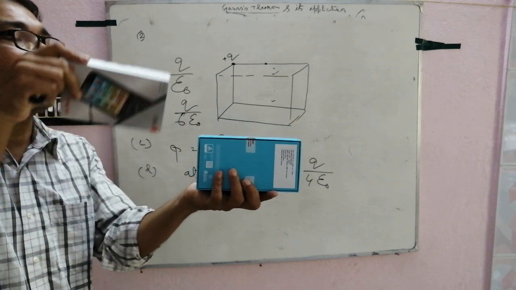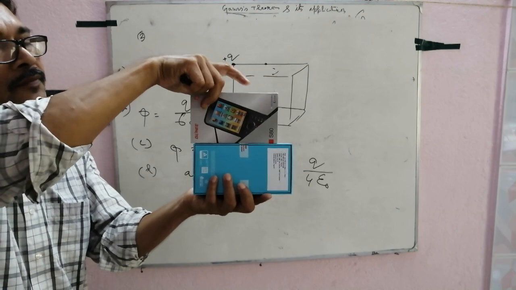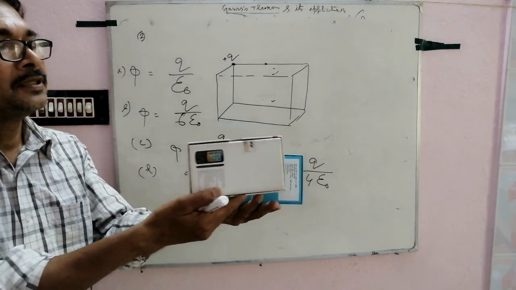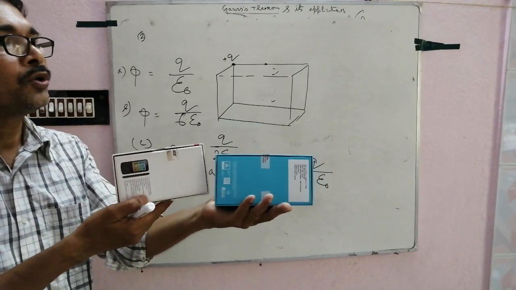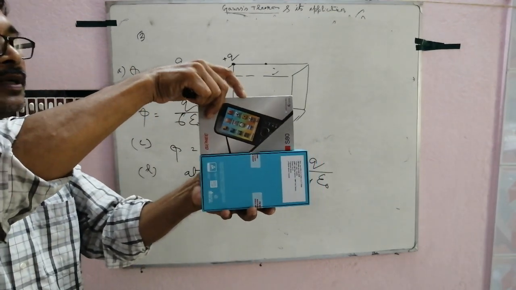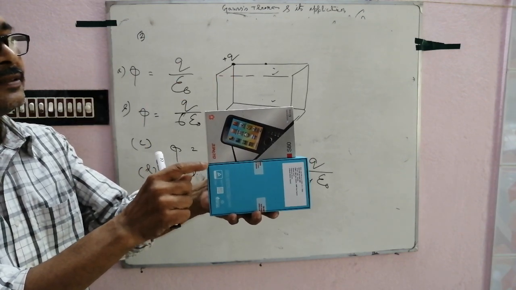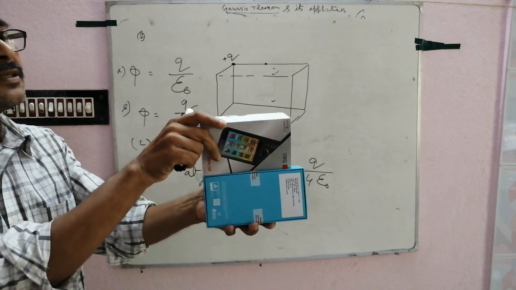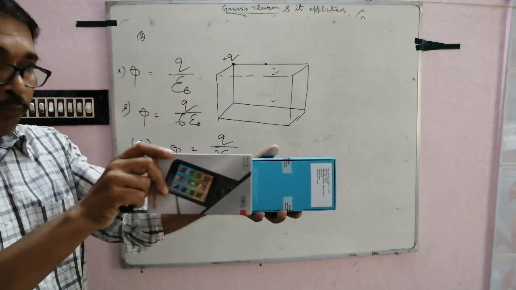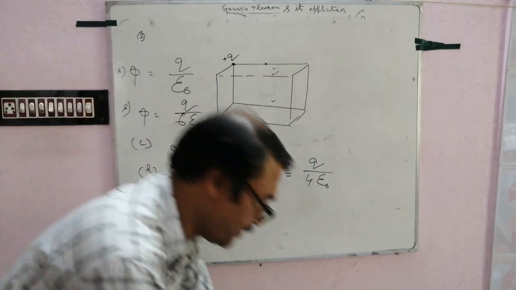So we have to place 1 cuboid, 2 cuboids, 3, 4, 5, 6, 7, 8. Here is the charge: 1, next 2, 3, 4, 4 on this side, 4. Total number of cuboids is 8.